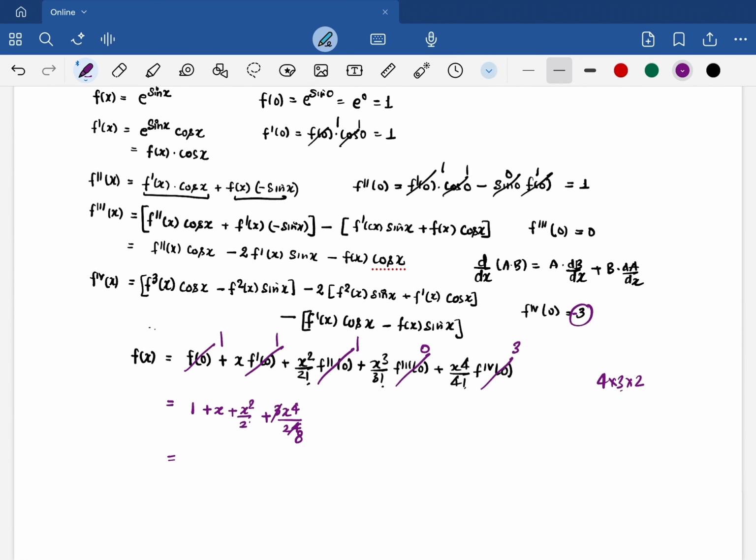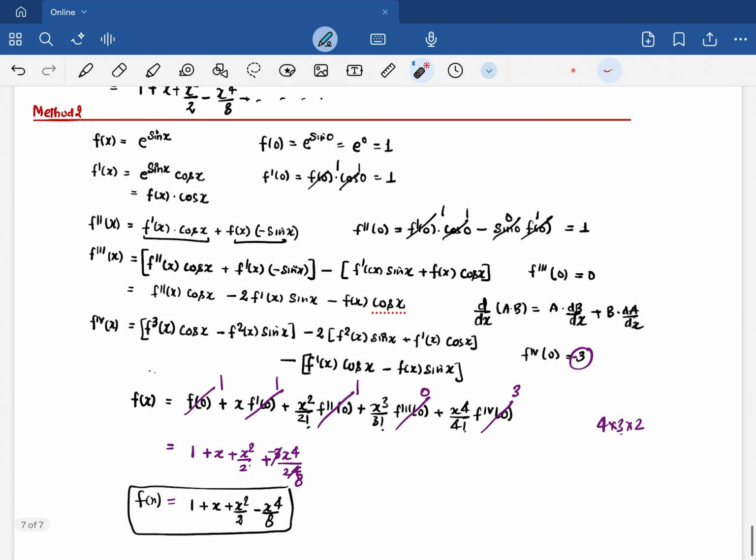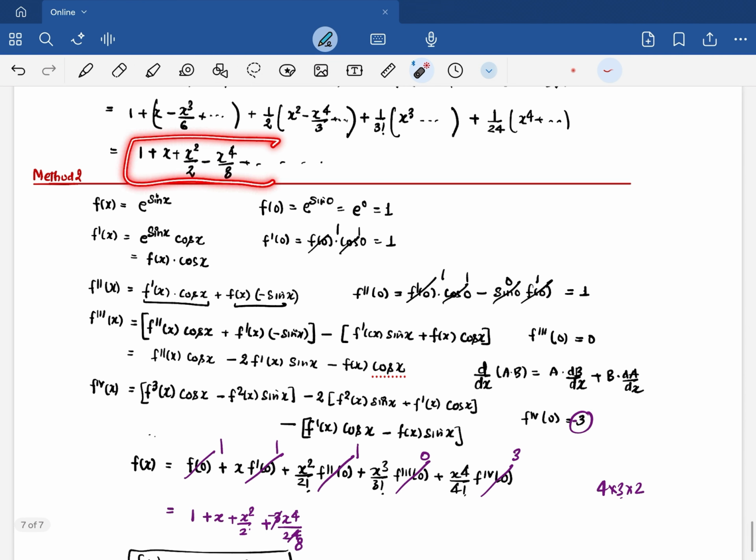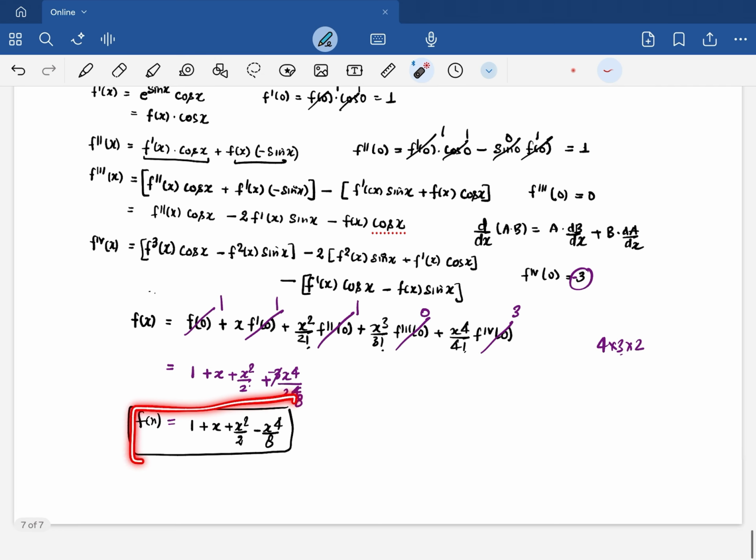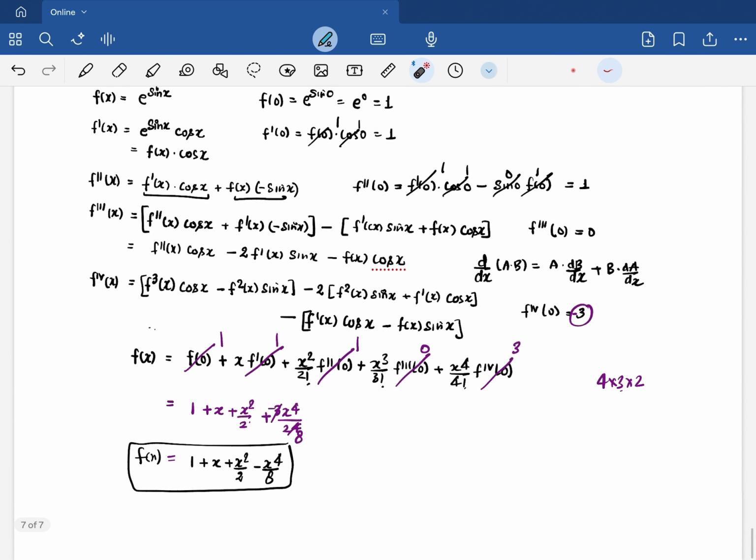So what is the answer? Can we say 1 plus x square by 2 minus x to the power 4 by 8. Let me check whether the answers are the same as in method 1 or 2. You can see the answer is the same, and we are interested up to term 4 only.